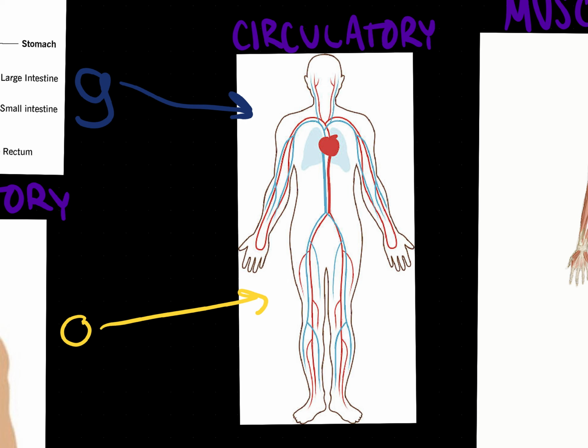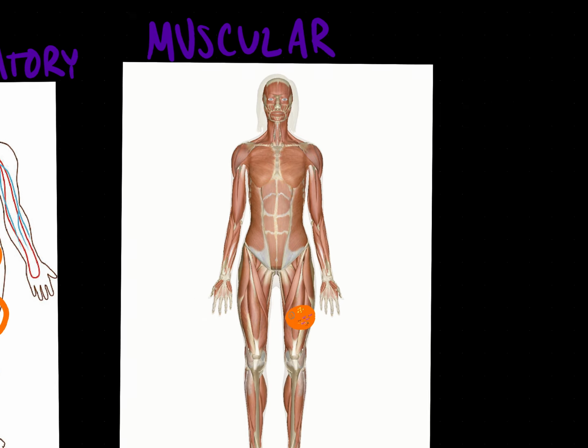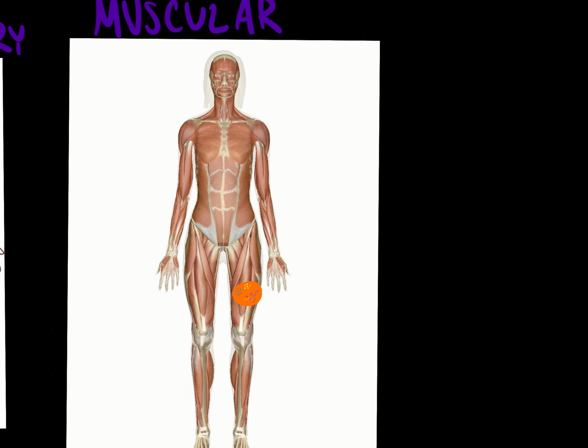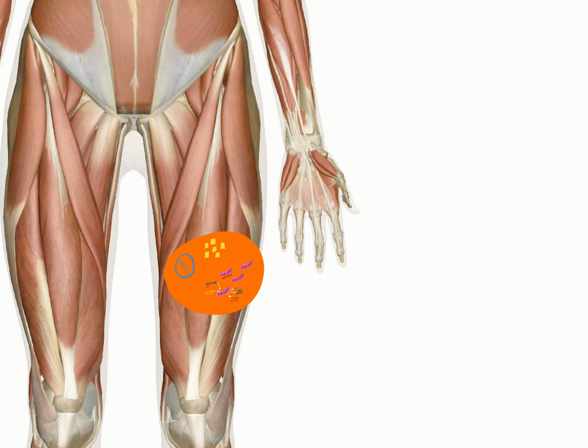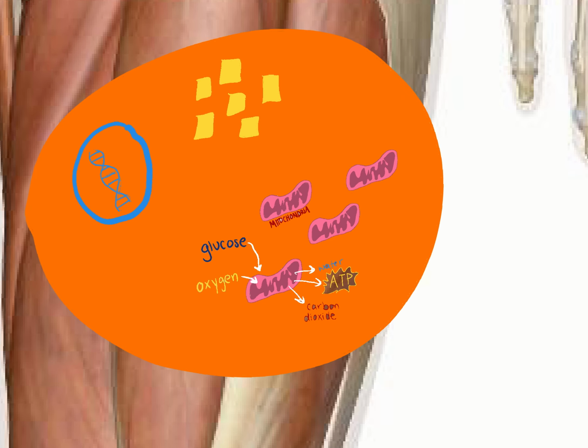And let's say that cellular respiration needs to happen over here in this leg. So these two are going to travel all through the circulatory system down to that leg. In that leg, there's a muscle cell. Here's our cell inside of our leg muscle system.